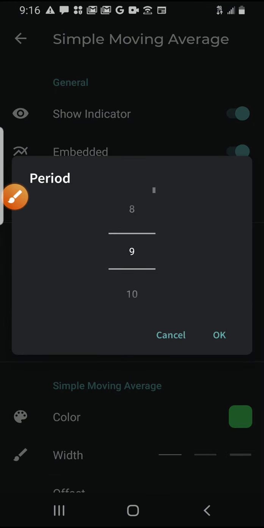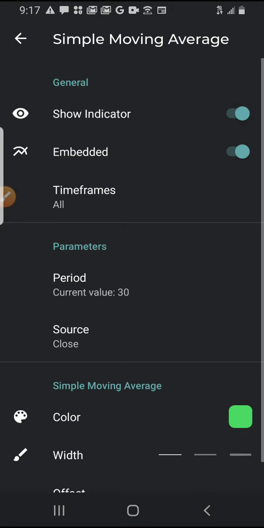The only thing you're going to do is click on that 9. You can select the number of days you want. Let me say I want to choose 50. Let me choose 30. I think I already have 50. So once I choose 30, I click on OK.